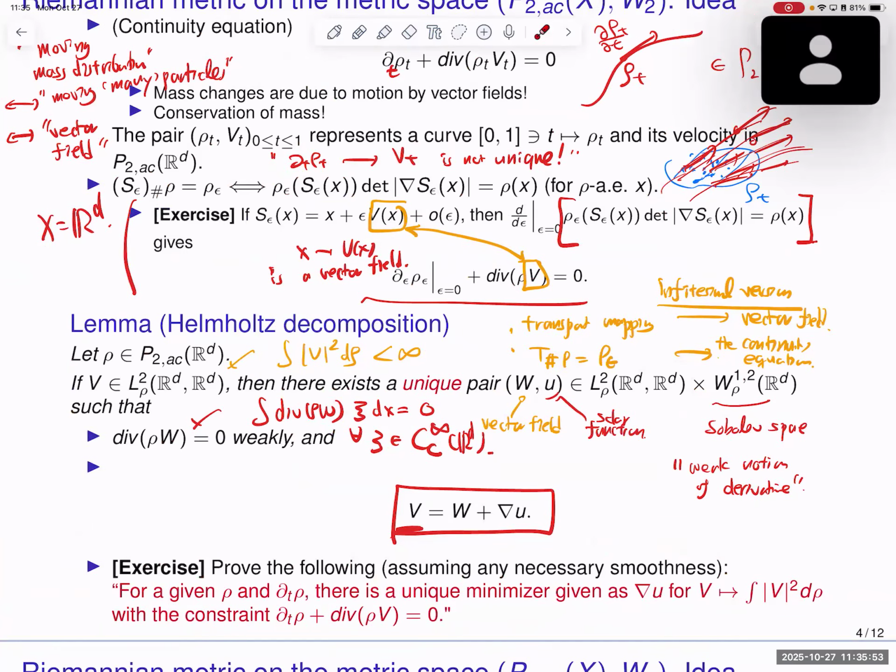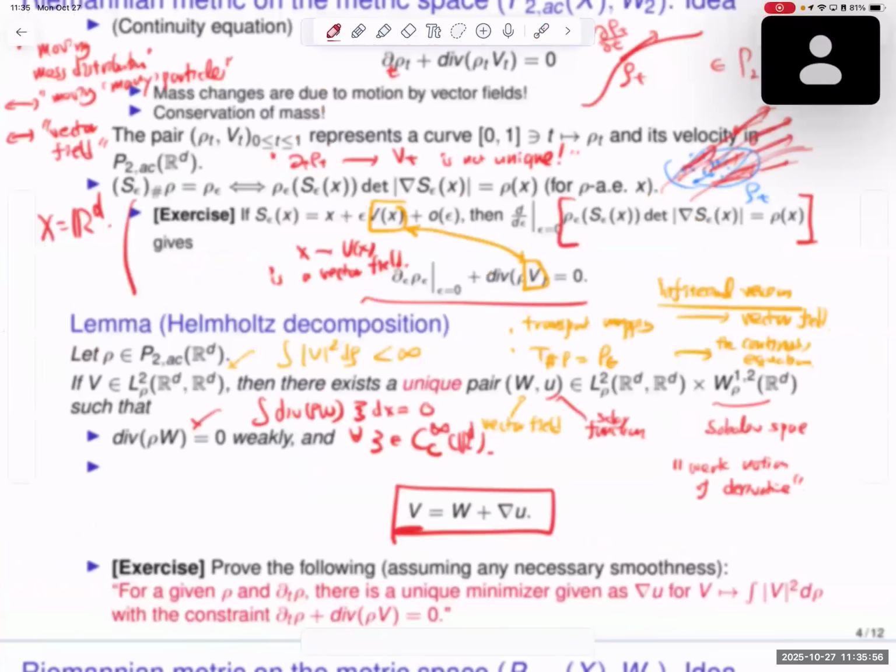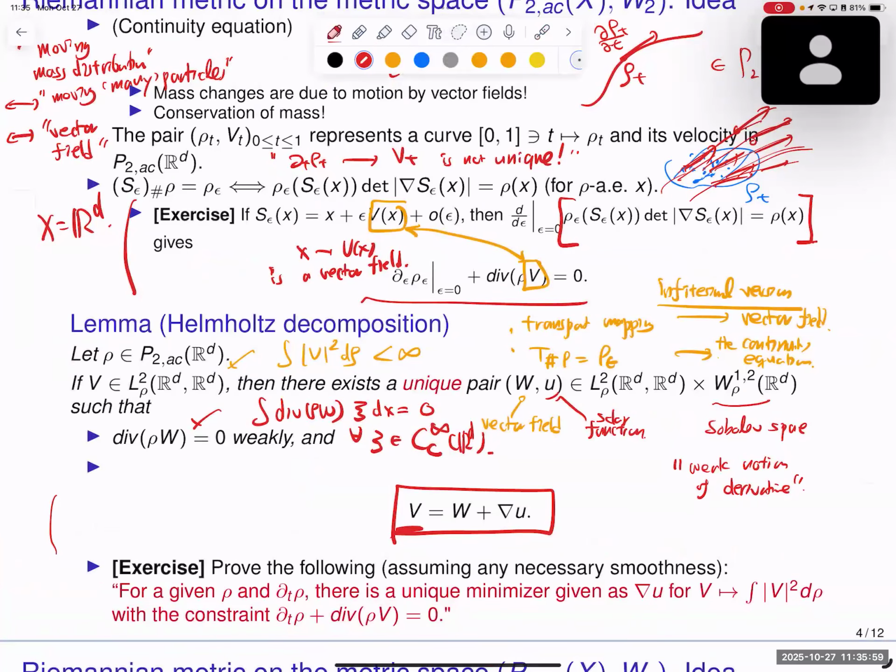So you can apply this Helmholtz decomposition to get this. So that is your exercise. Another meaning of this, in other words, we can also say the vector field is unique modulo divergence free.